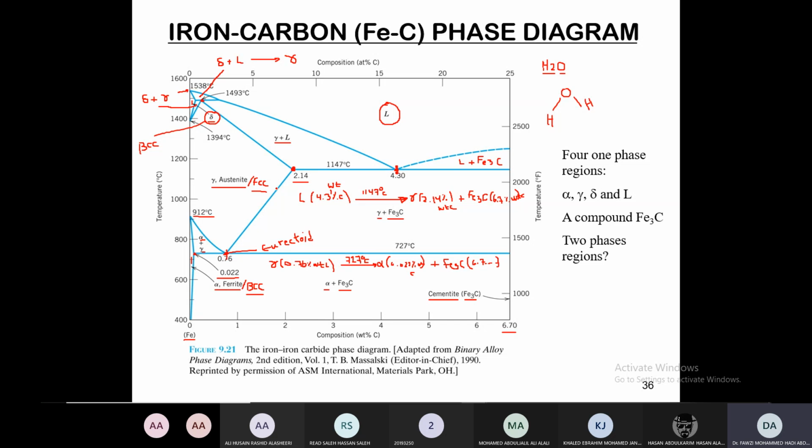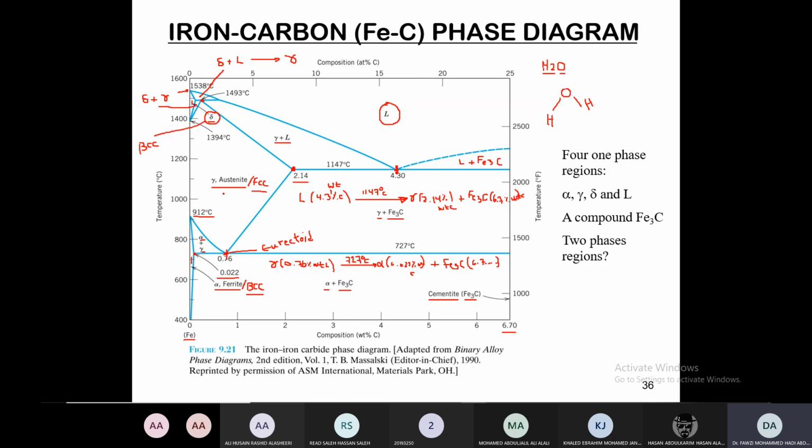The austenite phase can accommodate much more carbon content than the ferrite phase. As you could see down here, it has much less carbon content that it can accommodate. The solubility of carbon in the ferrite is very little. Solubility of the carbon in the austenite phase, which has an FCC crystal structure, is much more. Why? Because, as I am implying, it's because of the crystal structure. One of the important points is the crystal structure.